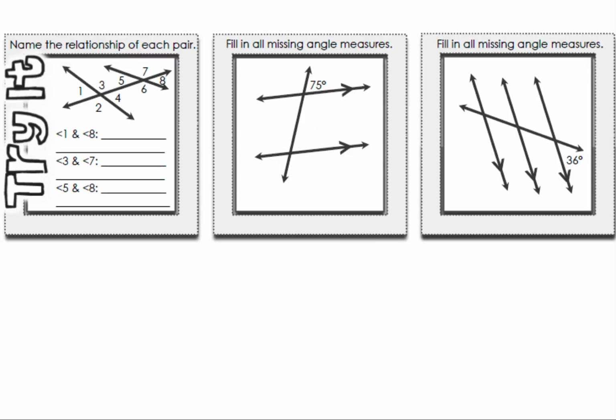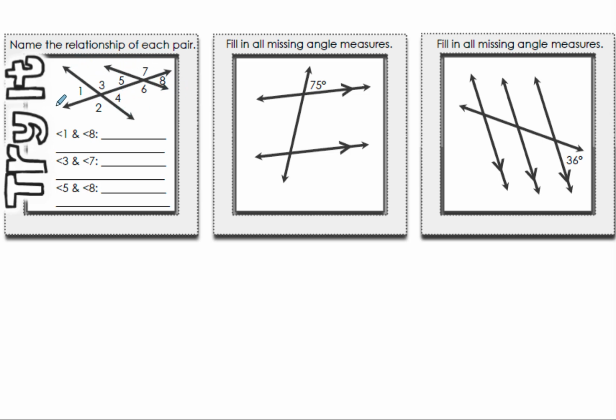All right, so let's go ahead and try some of these problems. We're going to start by naming the relationship for each pair. All right, so number 1 and number 8. Here are two parallel lines, although in this picture they don't really look parallel. That's okay.